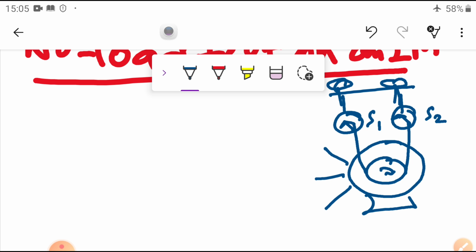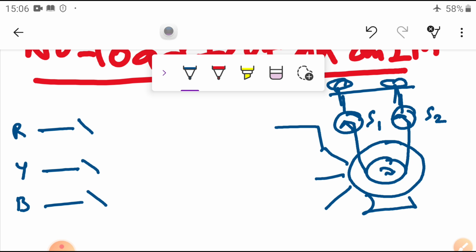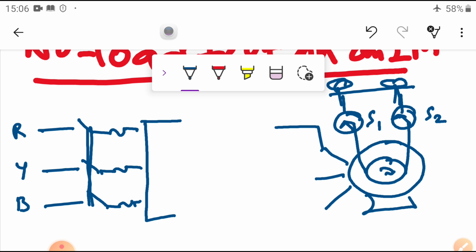a 3-phase supply. We take the R phase, Y phase and B phase, connected to the ICTP switch. Then the fuses are connected, and from this we connected one auto transformer, a variac, a 3-phase auto transformer.